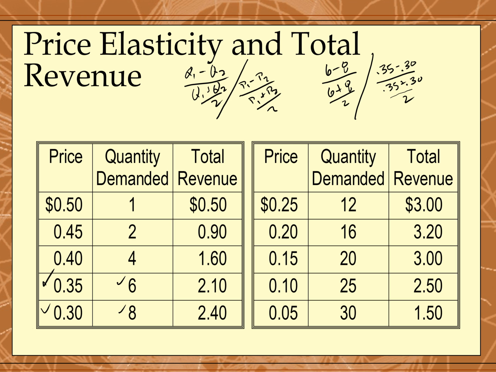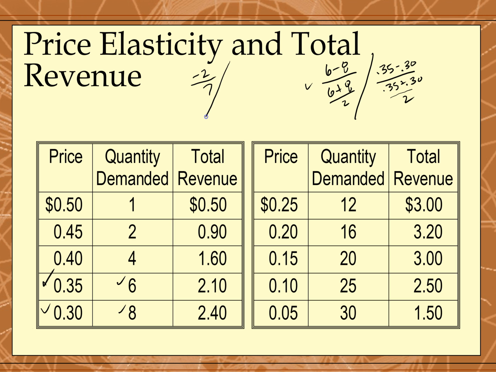Now, this is going to work out to, I'm going to do this over here. Let's do the numerator first, okay? 6 minus 8 is going to be minus 2, over 6 plus 8, which is 14, divided by 2, and that's going to be 7.